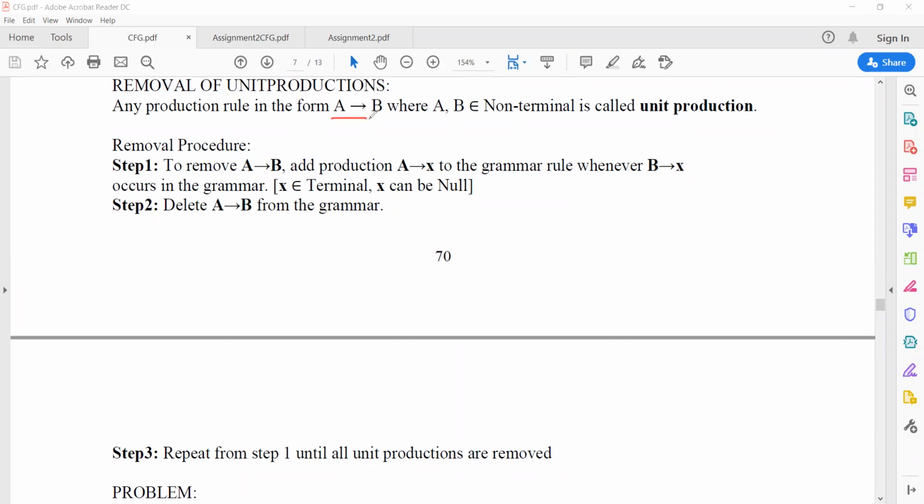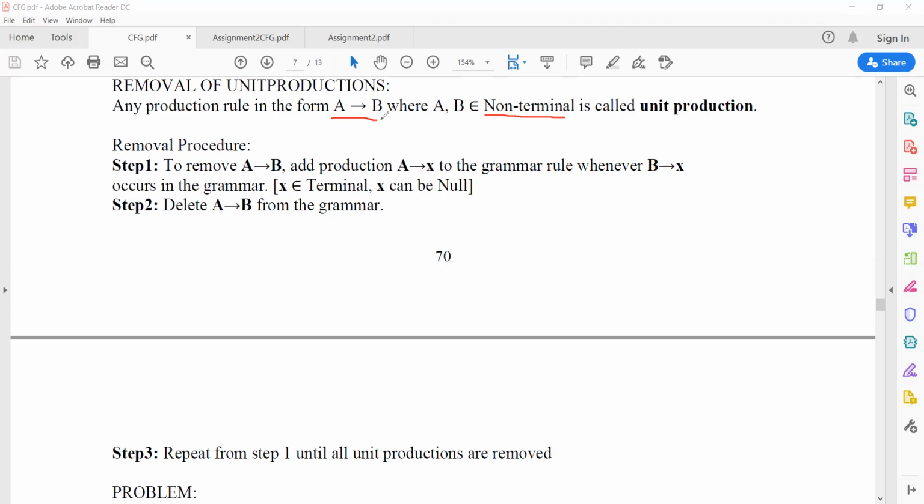If A produces B, that means A and B are both non-terminals, and in a grammar, if such a production rule is found, then this type of production rule is called a unit production.